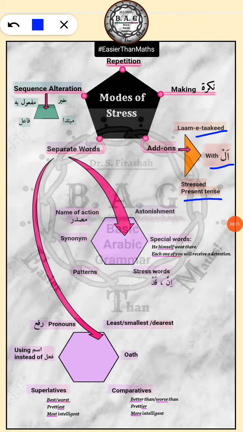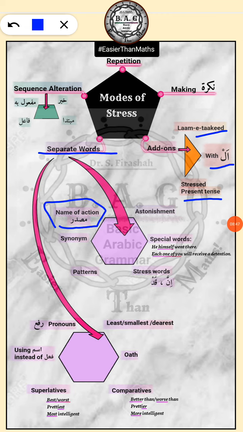So that's what. Finally, we come to the separate words. What are separate words? They are separate words that give stress to the statement. I have divided them into 10 types, actually 12. So you've got two hexagons over here, and you see name of action, aka masdar.